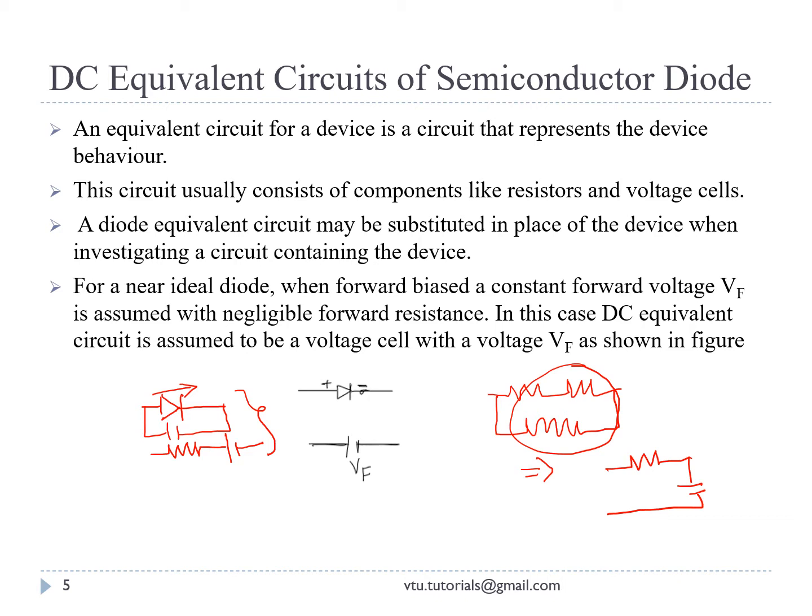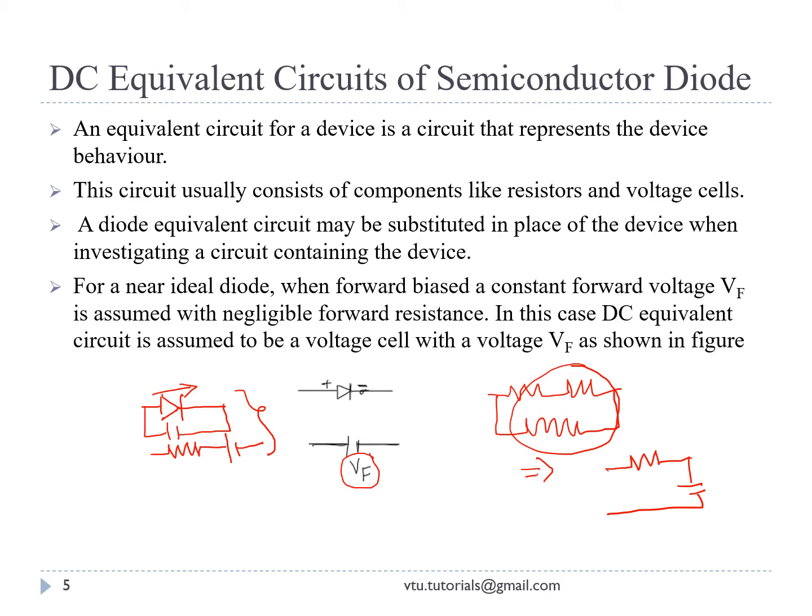For an ideal diode, when forward biased, a constant forward voltage Vf is assumed with negligible forward resistance. So when we assume the diode to be ideal, the diode is nothing but a voltage source. We represent the diode with a single voltage source Vf, and this Vf is the forward voltage essential for the flow of current when forward biased.